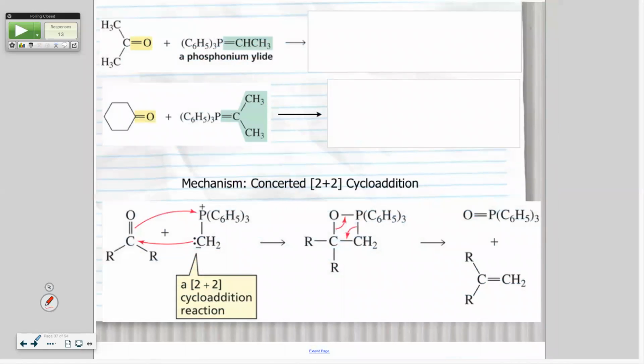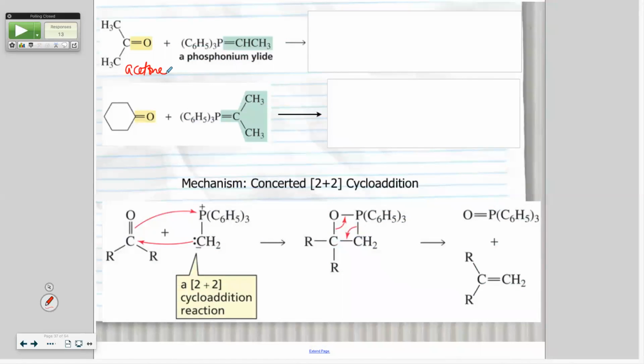So here is our phosphorus ylide, and here they drew it with a double bond, and A is a hydrogen and B is a metal. And here are our compounds. So we have this compound up here, which is what? What's the name of that? Yeah, acetone.